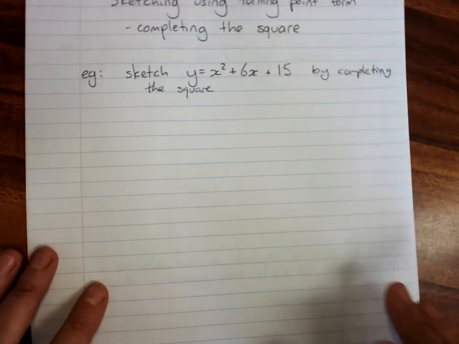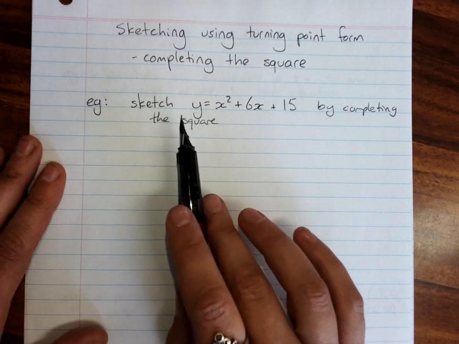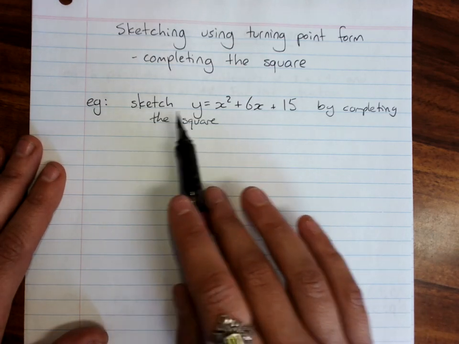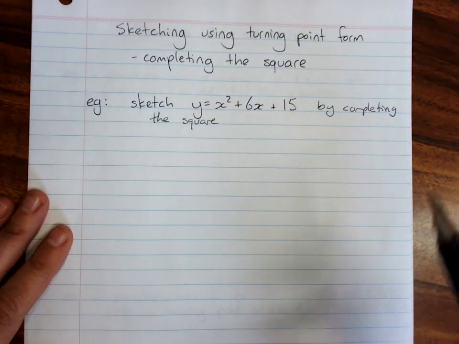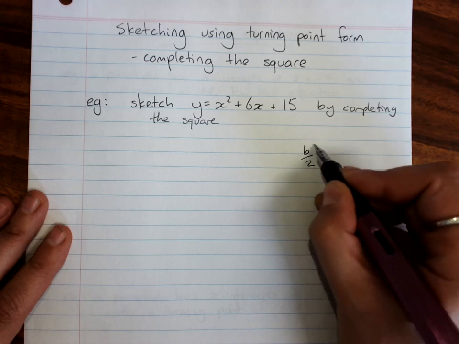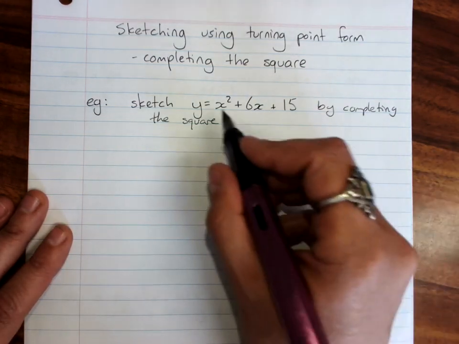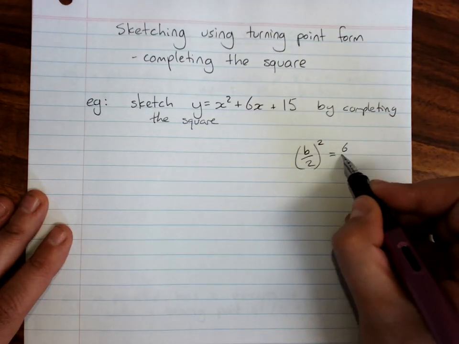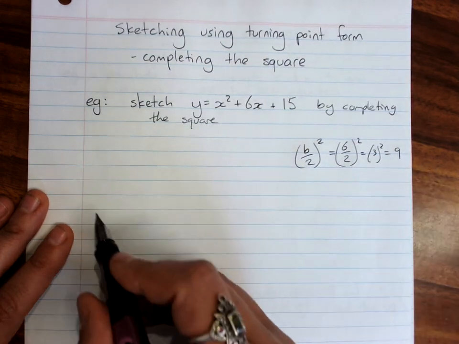Completing the square. So sketching using the turning point form, and this is how we get our parabola's equation into the turning point form. You start by completing the square. So you remember we want our old friend b over 2 squared. That will be 6 over 2 squared, that's 3 squared, which is 9.